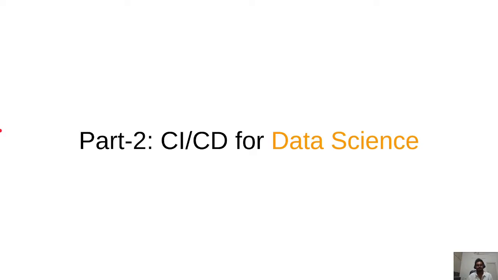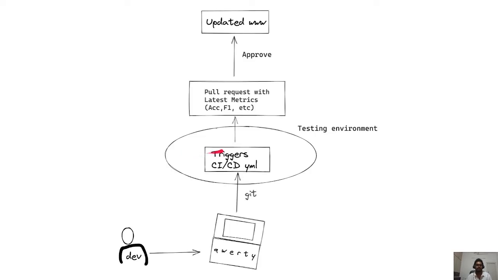All right, we will be talking about the second part, which is CI/CD for data science. Here we'll be talking about CML, which stands for continuous machine learning. We'll talk about it in the tutorial part. As of now, in the first part, we've seen that we're able to version control our data as well as code, and we're able to complete a whole experiment and then package it to Git.